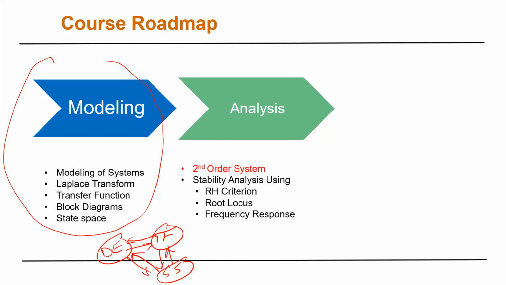Later we'll talk about stability, which is qualitative: whether the system is stable or unstable in general, not for a specific input. In this lecture, and maybe the next, we will cover the second order system, then go to stability.